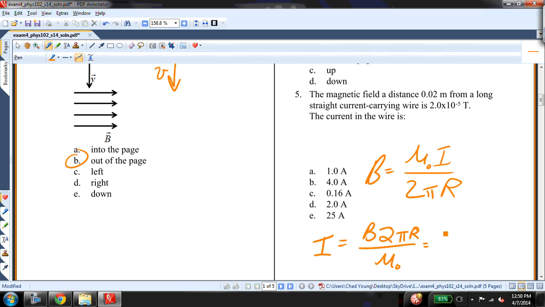B is 2 times 10 to the minus 5 Tesla. R is 0.02 meters. And divided by mu naught, which is 4 pi times 10 to the minus 7.